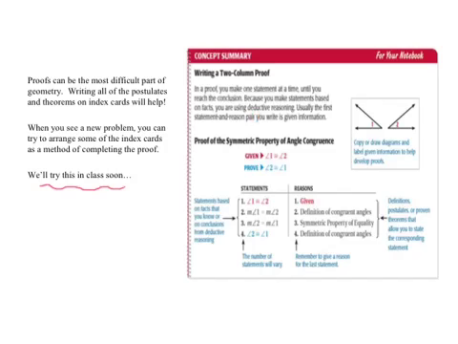Okay? Example: prove the symmetric property of angle congruence. Given, angle 1 is congruent to angle 2. Prove angle 2 is congruent to angle 1. Okay? Copy or draw the diagrams and label given information to help develop proofs. Okay, the first thing's in red. Angle 1 is congruent to angle 2, and that's always given.